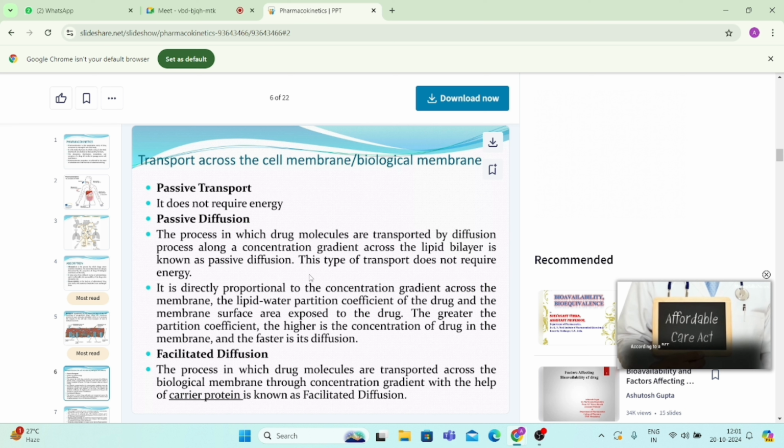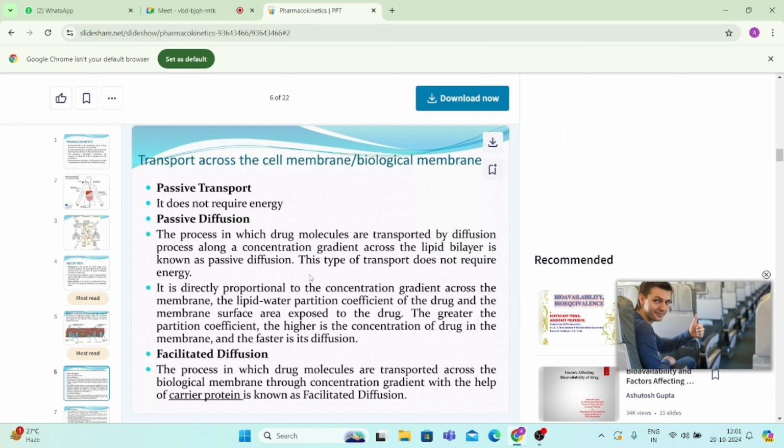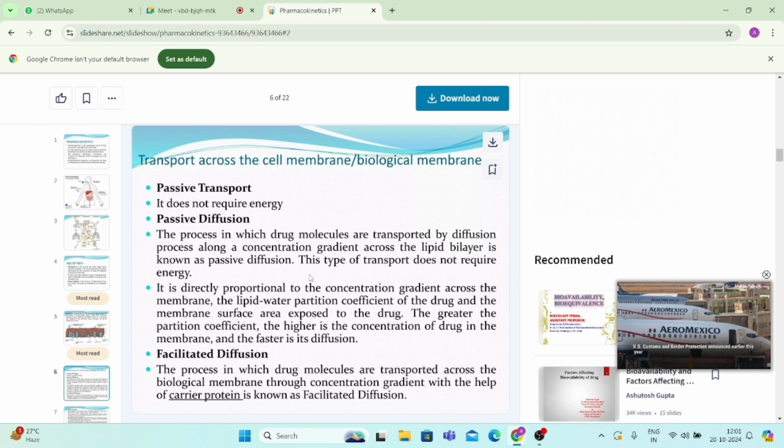So if a drug is not equal or uniform, then a gradient will be available there. When a gradient is available, the drug has to pass from the higher concentration to the lower concentration, and whenever a drug moves from higher concentration to lower concentration, we call it diffusion.